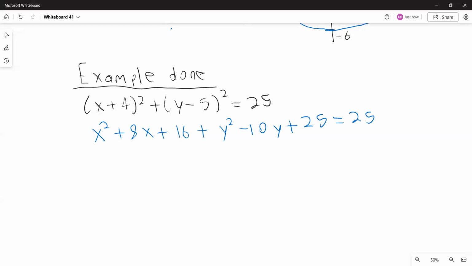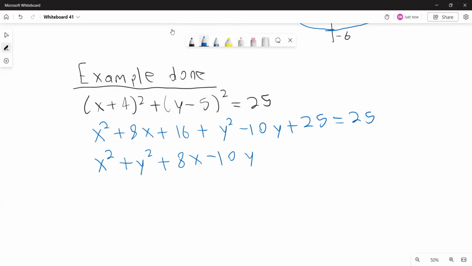And we can rearrange the terms. So we have x squared and then plus y squared. Those are the quadratic terms. And then we have plus 8x minus 10y. And then 16 plus 25 is 41.